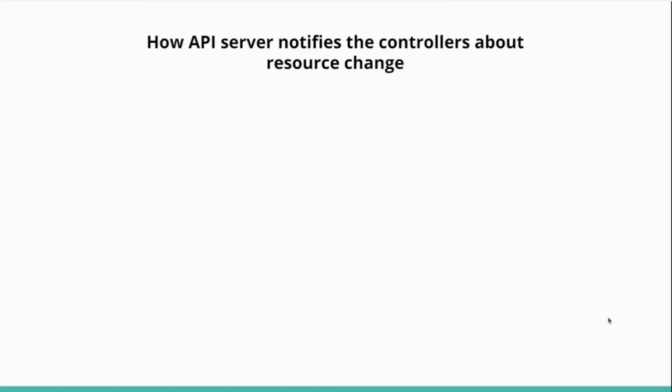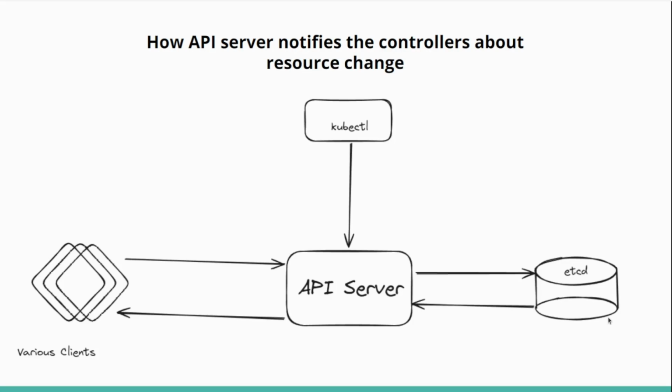So how does the API server notify the controller about the resource change? We have various controller clients. These clients are the controllers. Controllers watch for changes by opening an HTTP connection to the API server, making a GET request with watch equals true.